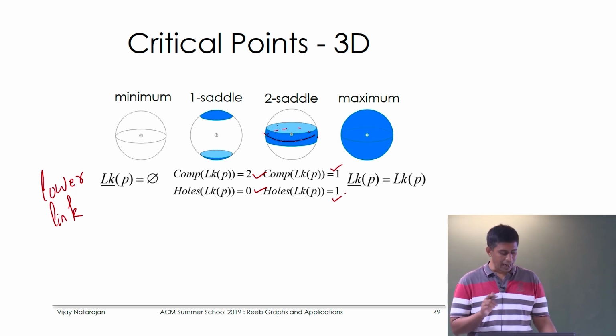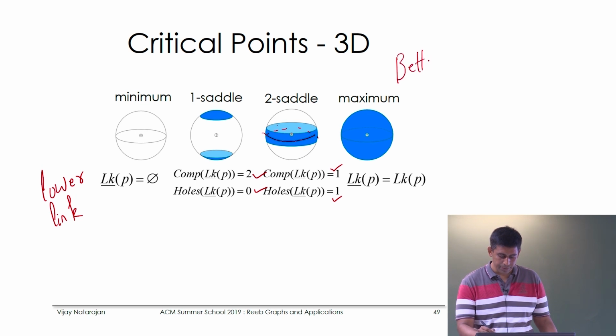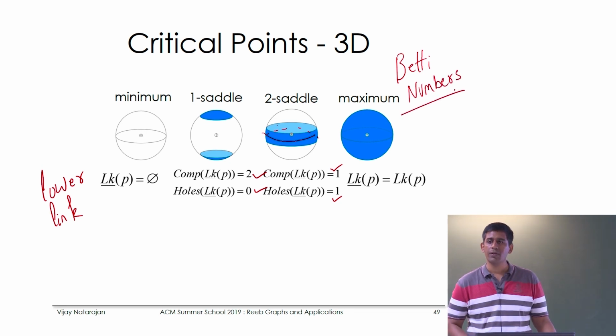It turns out that you can actually compute these guys. There are algorithms. These are called Betti numbers, like I told you earlier. There is a nice algorithm to compute Betti numbers.